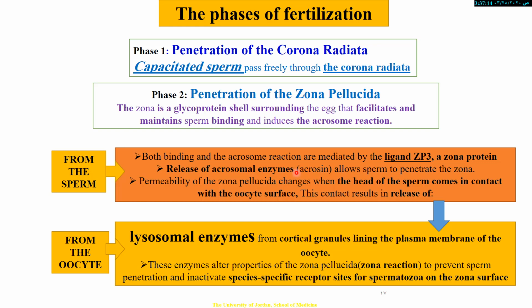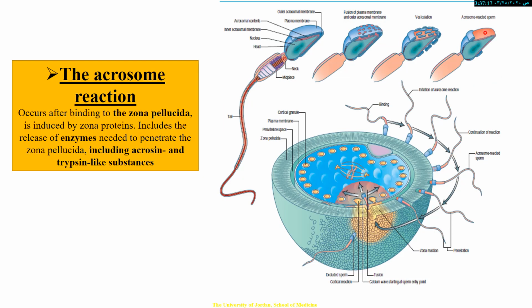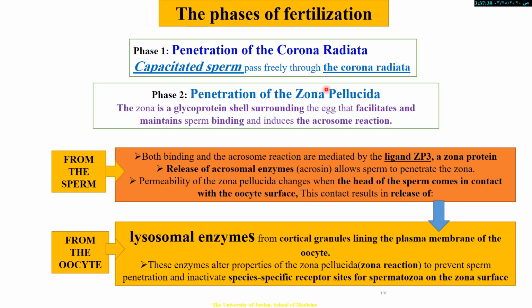We did mention that the sperm itself has the acrosome, and during spermiogenesis the sperm acquires the acrosome, flagella, mitochondria, and so on, and this acrosome has in it the enzyme acrosin, which allows the sperm to penetrate the zona pellucida.